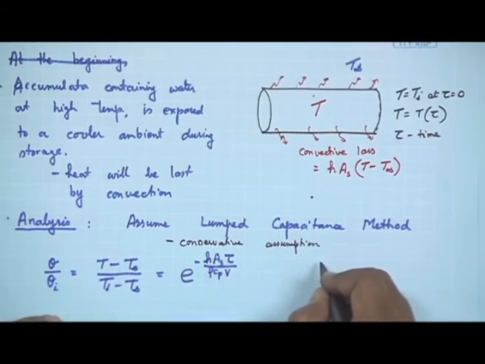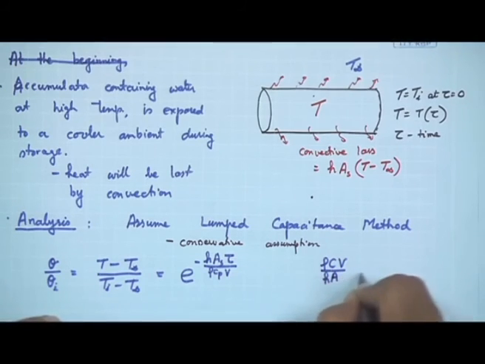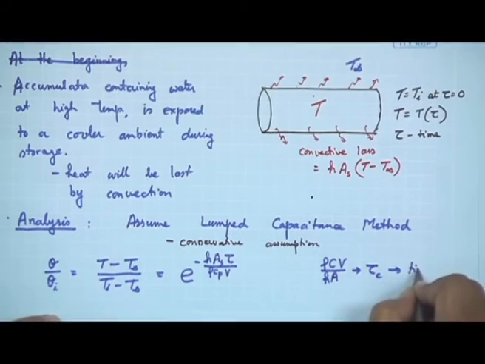So, this term which we write as rho C V or m C p over h A, I will denote by tau c, or time constant.